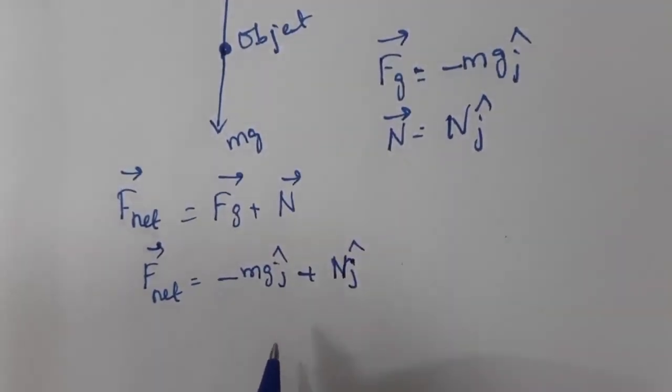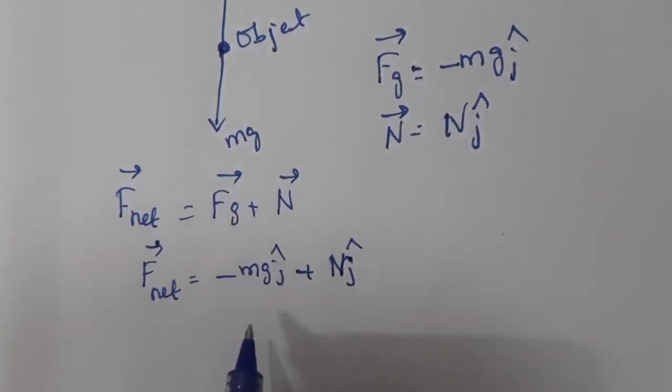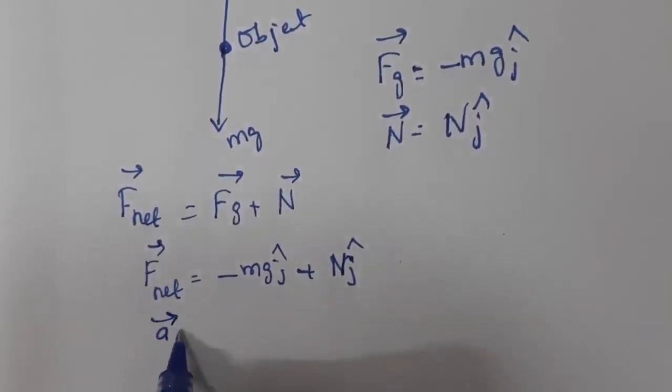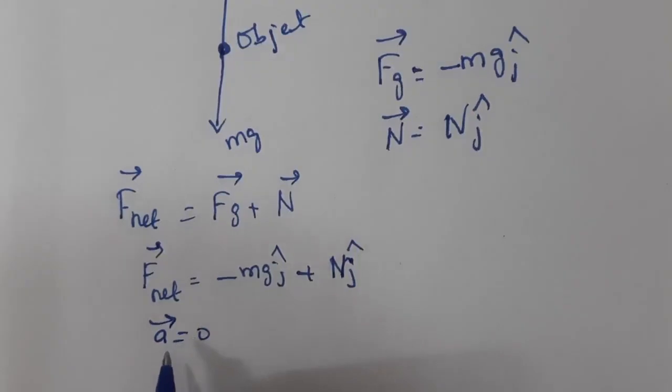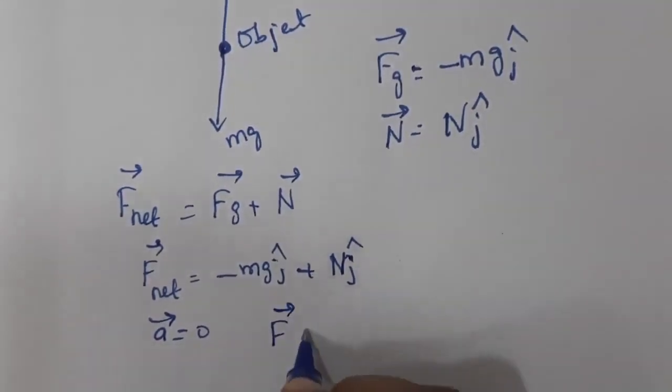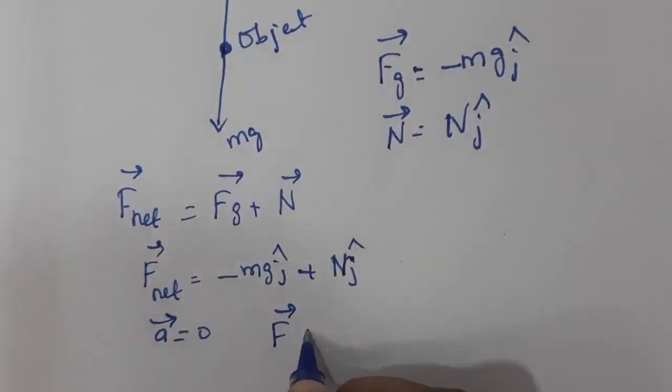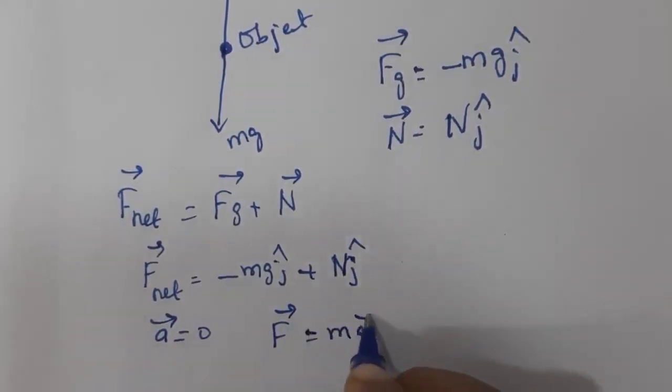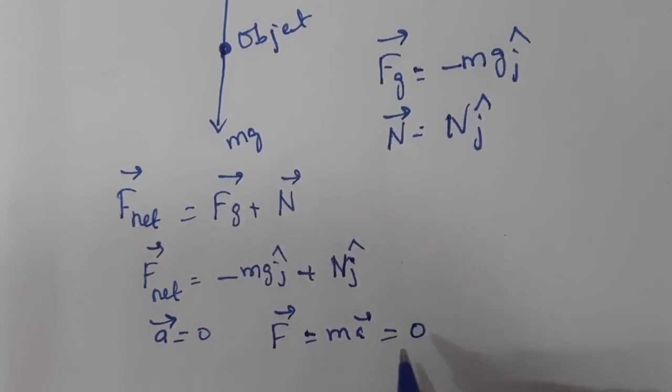Here the object is at rest on the earth's surface, so there is no acceleration. Acceleration is equal to 0. So by applying Newton's second law, F is equal to ma vector. Here the a vector is equal to 0.